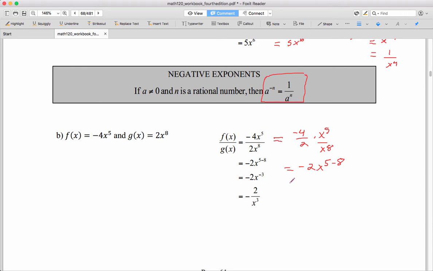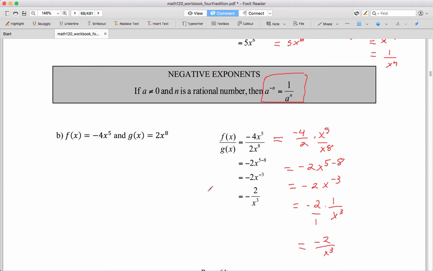Well, 5 minus 8 gives us negative 3, so that's negative 2x to the negative 3rd, and then by definition, that'll be negative 2 times 1 over x to the 3rd. Recall how to multiply together fractions. We multiply numerators, multiply denominators, and that just simplifies to negative 2 over x to the 3rd.